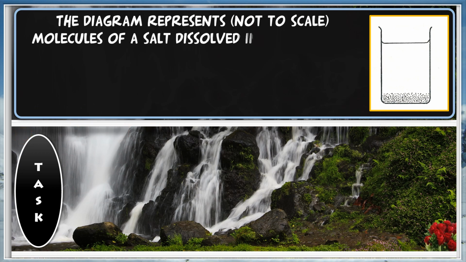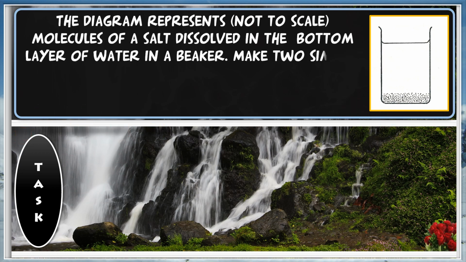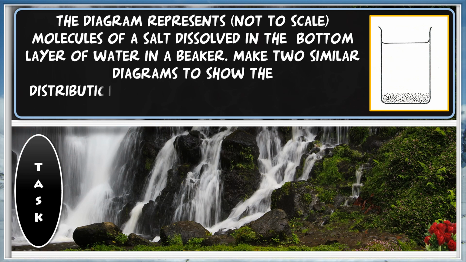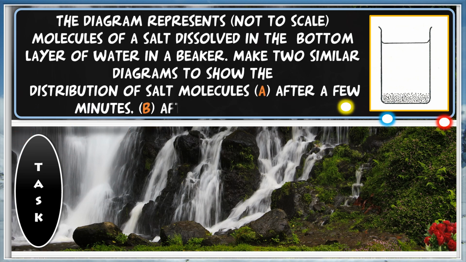The diagram represents, not on scale, molecules of a salt dissolved in the bottom layer of water in a beaker. Make two similar diagrams to show the distribution of salt molecules.